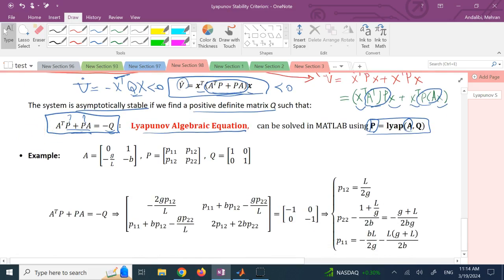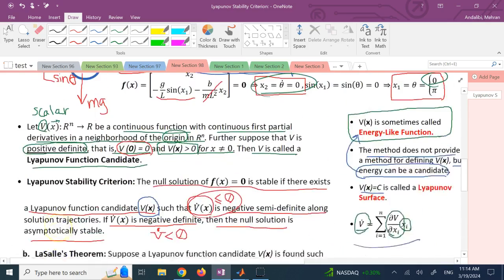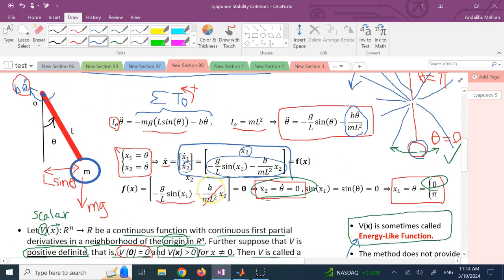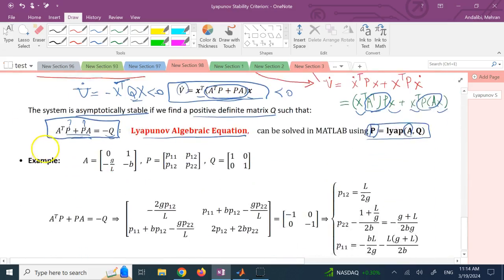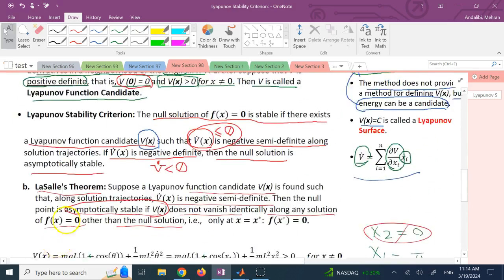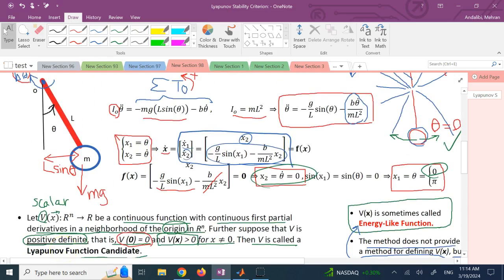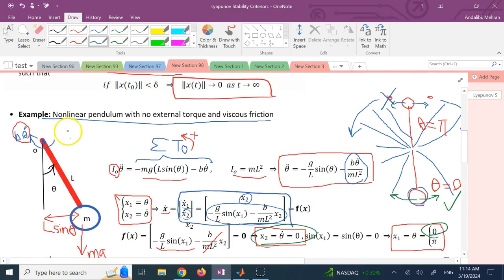and you can also do it by hand. For instance, if we go back to the pendulum example, I basically assume that this angle theta is small, so I want to look at the linear pendulum. If theta is small, then sine of x1 can be approximated by x1.